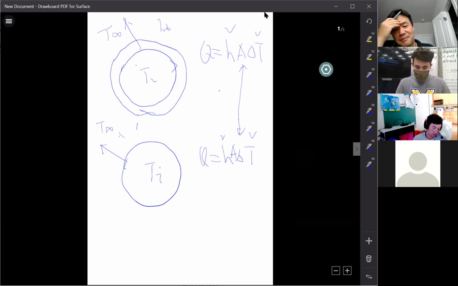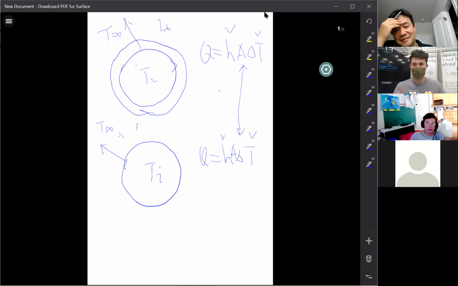Which case has a bigger area? The top one has a bigger area.